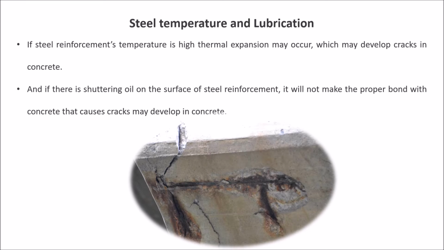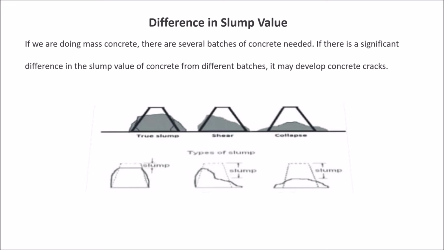The next reason is the difference in slump value. If we are doing mass concreting, this needs to be watched. If there is a significant difference in the slump value of the concrete, it can also lead to cracks in the concrete.